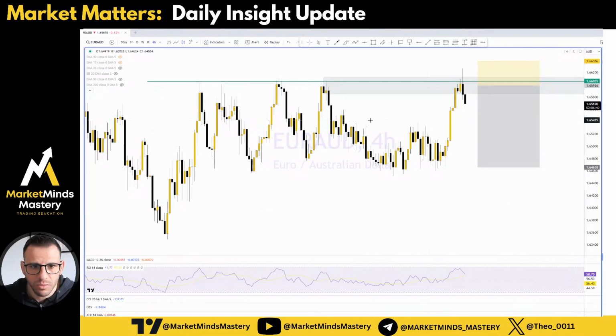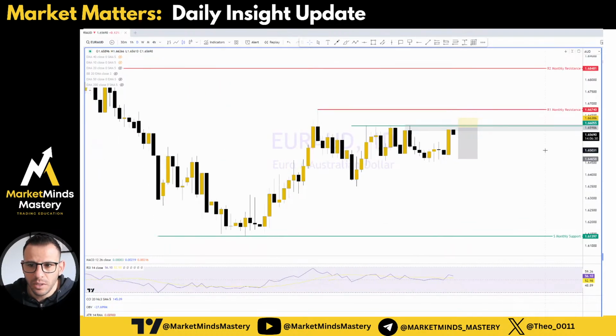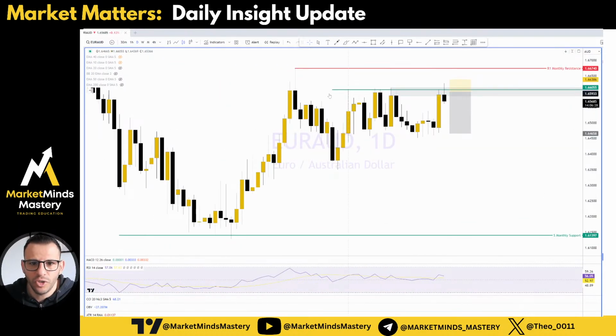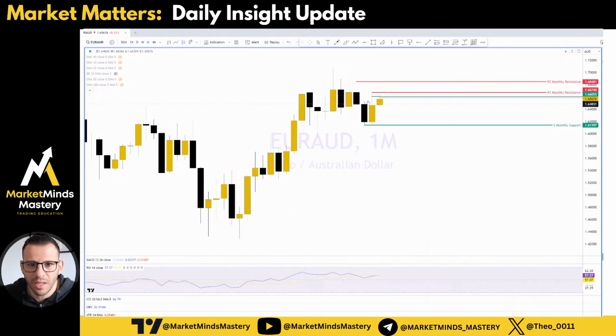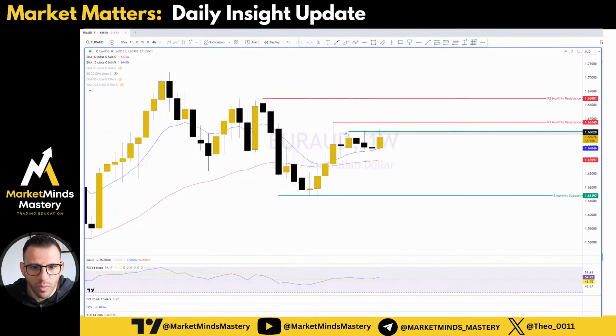But let's go back to this one. Why did I take that trade? Simply because on the daily chart, we identify this solid area of resistance here, and that came from the weekly and from the monthly. You see on the weekly one, two, three highs here, multiple highs, so we do expect some kind of reaction from this point.